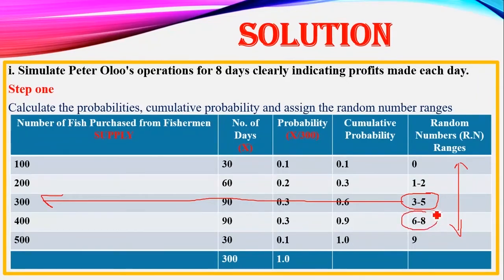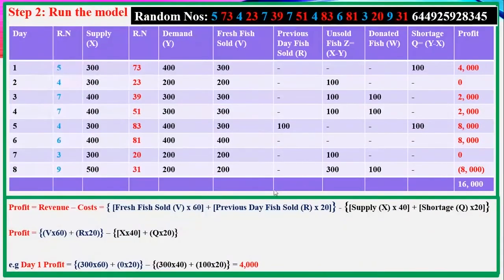So 7 falls in here. So therefore, the number is 400. That will be 400. We have it there. So you check on that. We have 400 there. You've seen that. So basically, using the random numbers, you can allocate the supply, right?